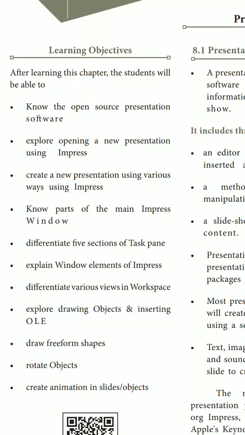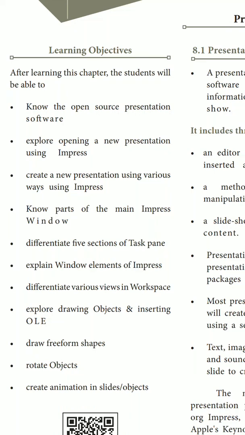And you can see the five different sections of the task pane. The entire window is divided into the menu area, work area, and the slide area. Everything can be seen in the forthcoming chapters.